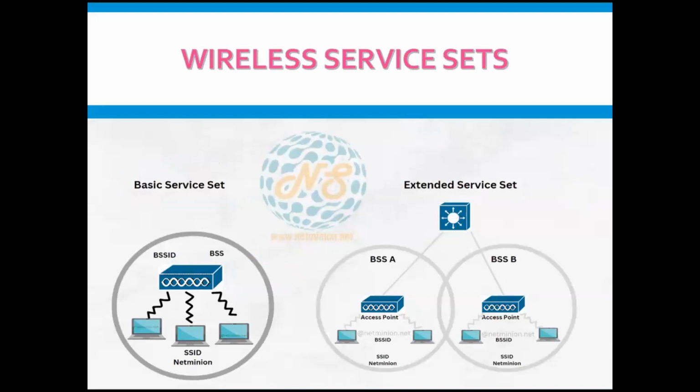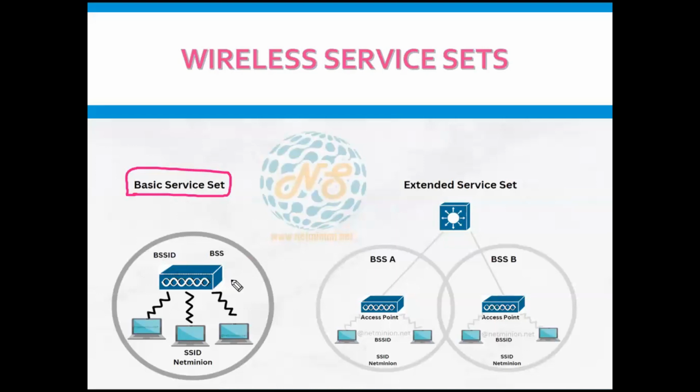The left hand side picture, what you see here, is the BSS, basic service set. In a basic service set, you have a central unit, as I told you, a star topology. This central device can be an AP or can be a modem, as we were talking.